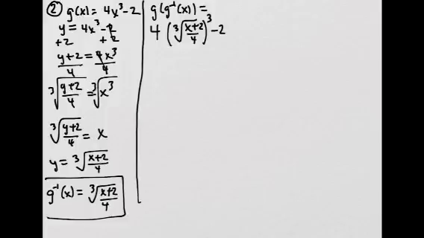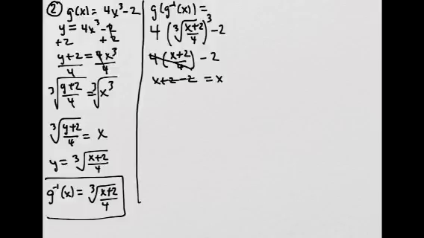So cubing the cube root gets rid of the radical, so you have 4 times x plus 2 over 4 minus 2. So then the 4's cancel. And so now you have x plus 2 minus 2, and 2 minus 2 is 0, so that leaves you with x.